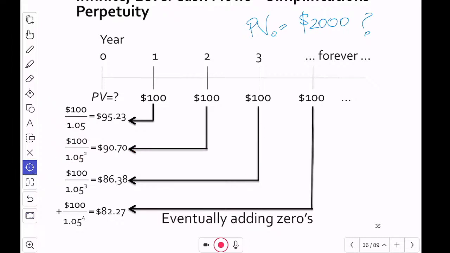I can repeat this for a while until you see that, because they're decreasing in present value, eventually we'll just be adding amounts in the present value that are zero. So what we should be doing is discounting each of these and adding them. That would be the NPV, right?